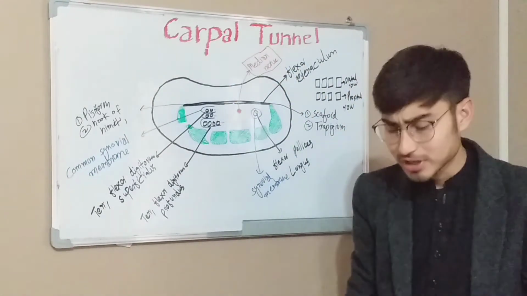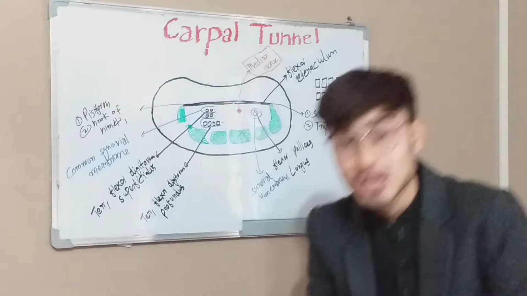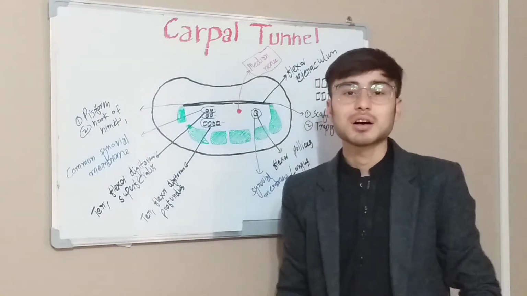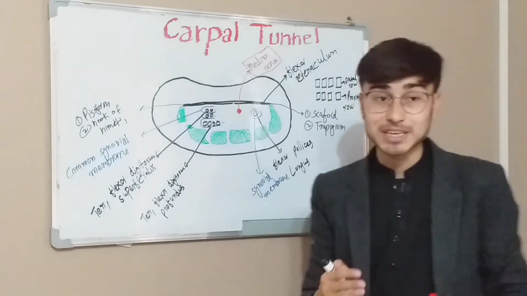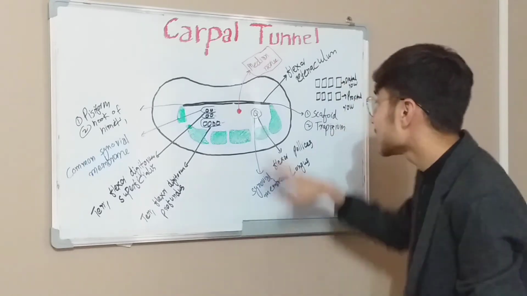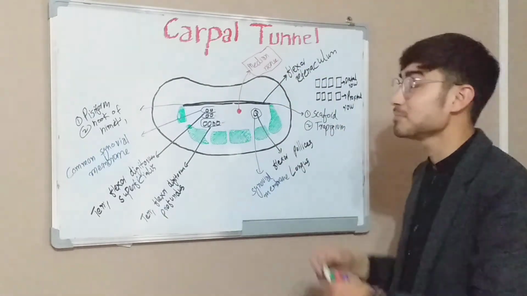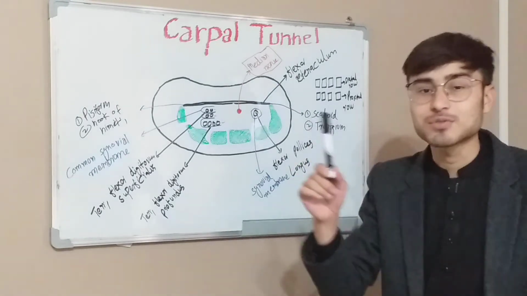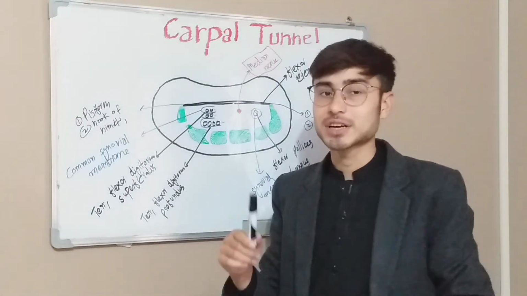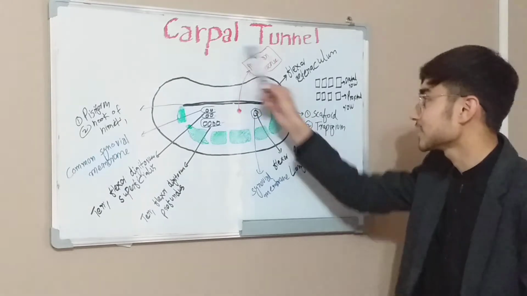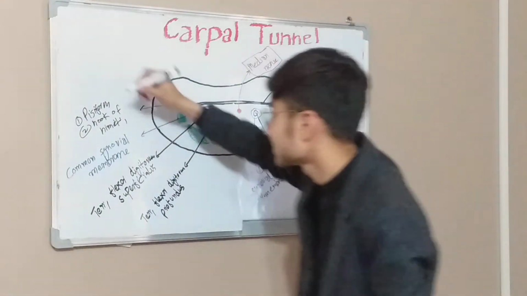Now let's talk about carpal tunnel syndrome, right? So carpal tunnel syndrome is basically a condition in which the median nerve is compressed, right? When there is compression of the median nerve, that very condition is called what? The carpal tunnel syndrome, right?